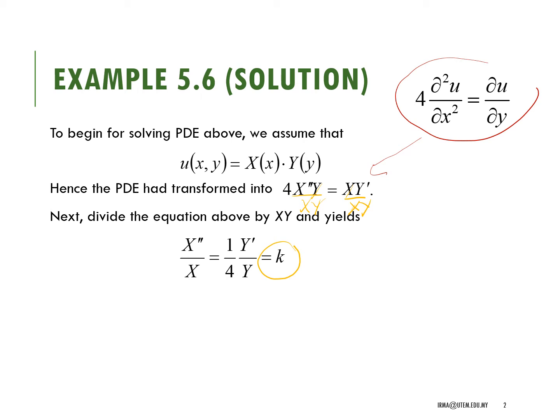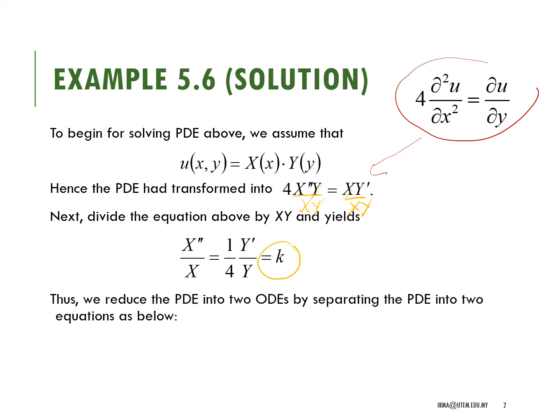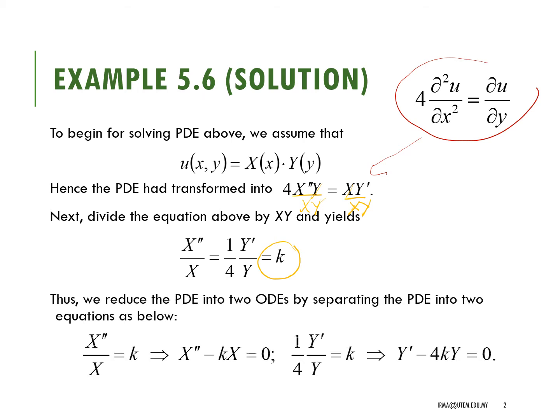We do not know what k is. It can be positive, it can be 0, it can be negative. That is why you need to solve all three cases. Before we solve the three cases, we need to construct the ODE, ordinary differential equation. From X'' over X equal to k, we can write X'' minus kX equal to 0.